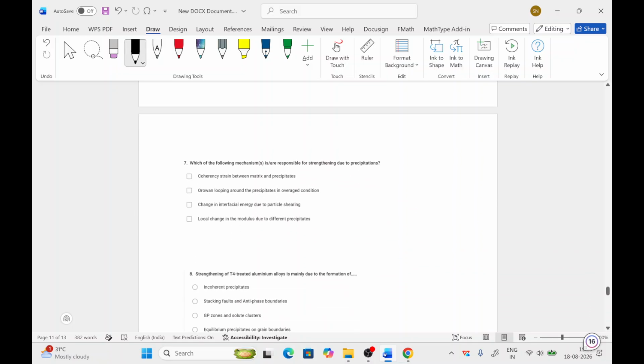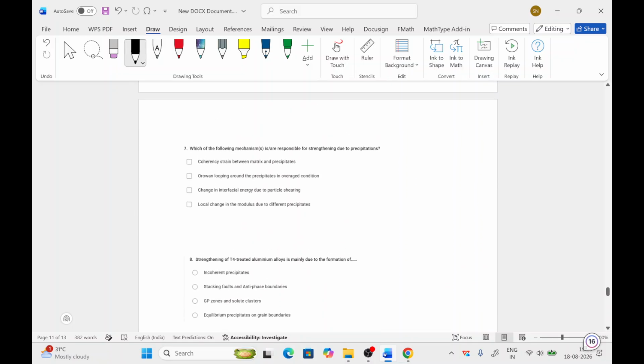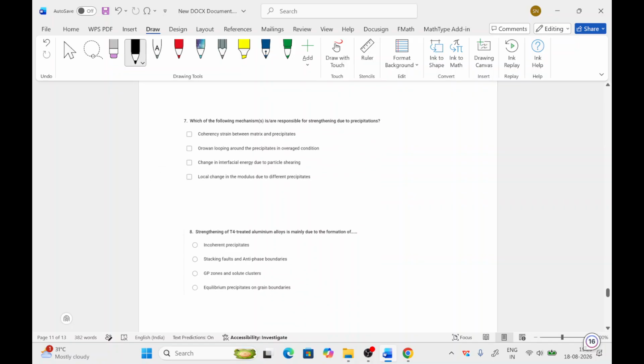In the next question, which of the following mechanisms are responsible for strengthening due to precipitation? When precipitates form, which strengthening mechanisms are responsible to increase the strength? Coherency strain between matrix and precipitates, yes.